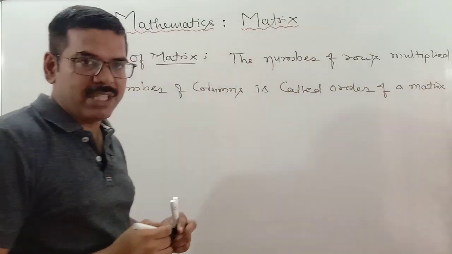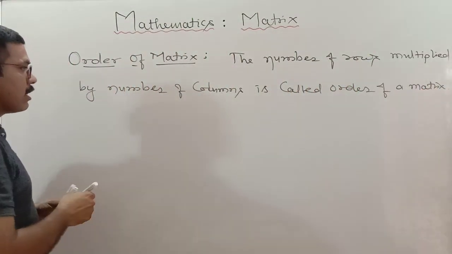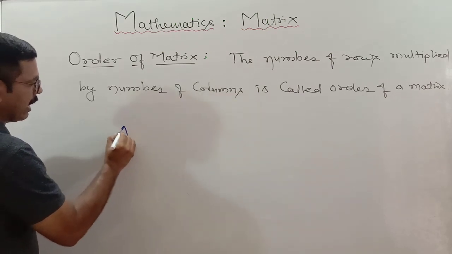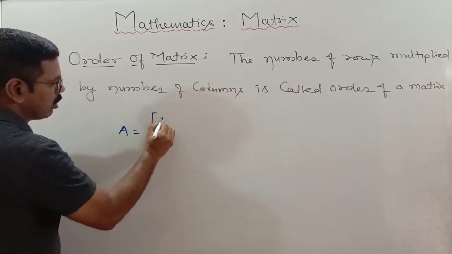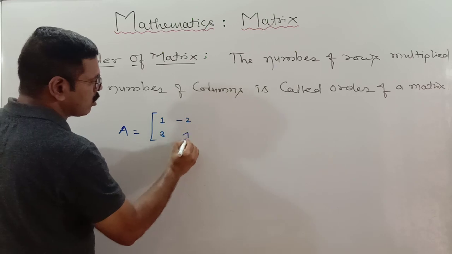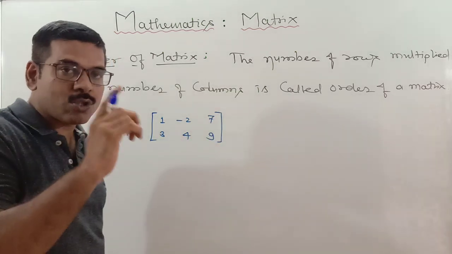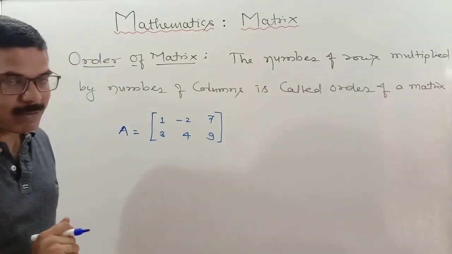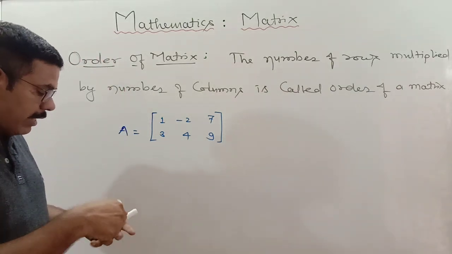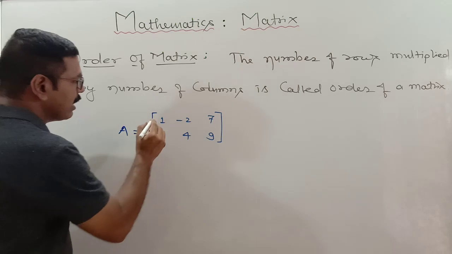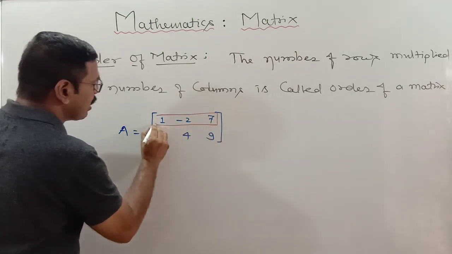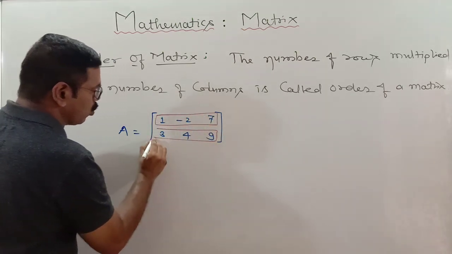Okay, what does it mean? See, that's very simple. Suppose I am writing a matrix A here and it is 1 3 minus 2, 4 7 9. So the horizontal arrangement is called row and the vertical arrangement is called column. So how many horizontal arrangements are there? See, it is 1 and this is 2.